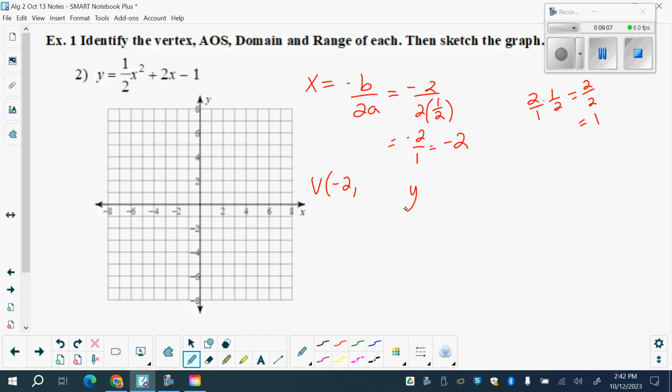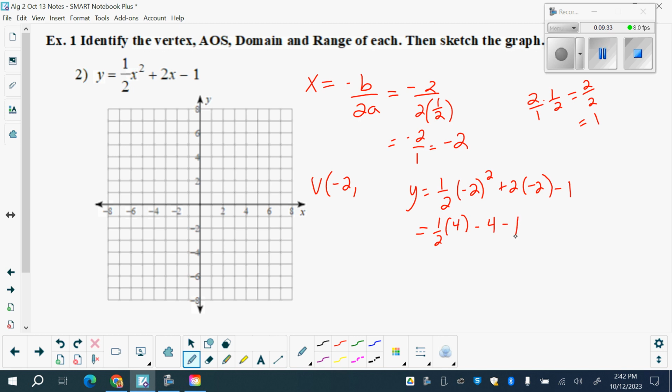So we have y equals 1/2 times negative 2 squared plus 2 times negative 2 minus 1. What do we do first here, the exponent or the multiplication? Exponent. So it's 1/2 of negative 2 squared, which is 4. And then 2 times negative 2 would be negative 4, minus 1.